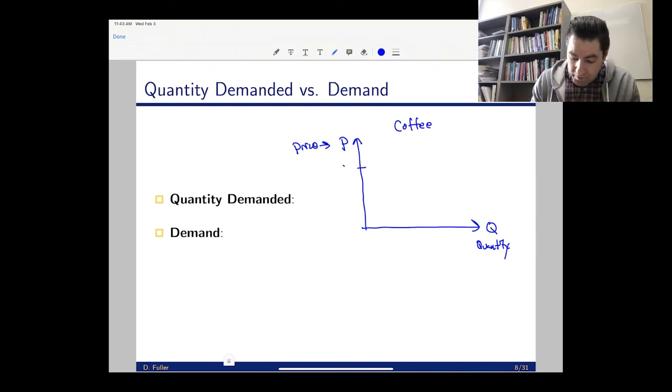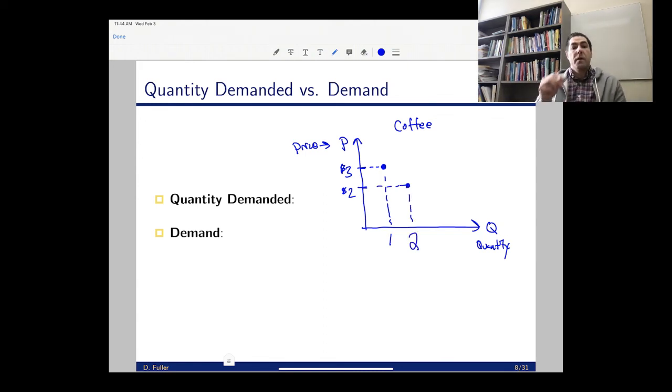When the price was $3, my quantity demanded was 1. That's how many I wanted to buy at a particular price. The price was $2, my quantity demanded was 2. So the individual points here represent quantity demanded.